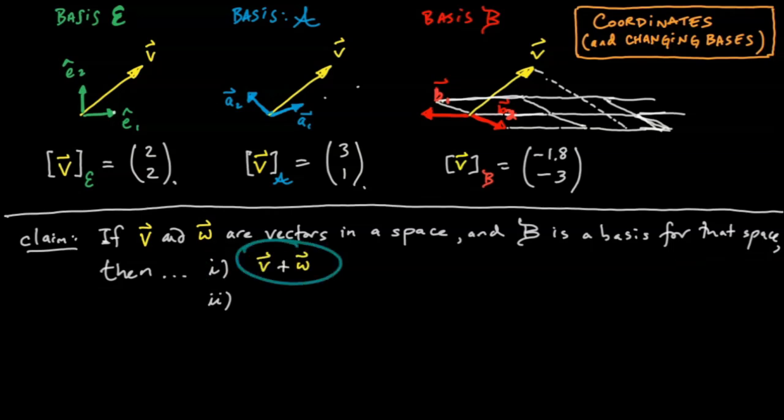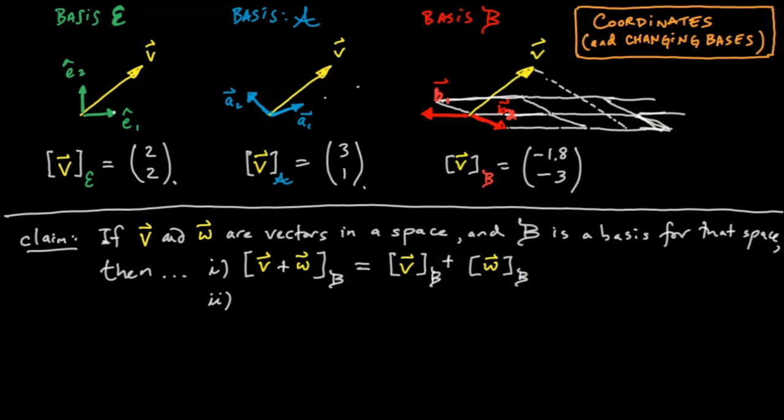First, if we add vectors v and w, and then take the coordinates of their sum relative to basis b, we will get the exact same thing that we would have obtained by first taking the b coordinates of v and w separately, and then adding those together. So whether we add and then take coordinates, or take coordinates and then add, the result is the same. That's the first of the two statements. And I will bet you can guess the second one.